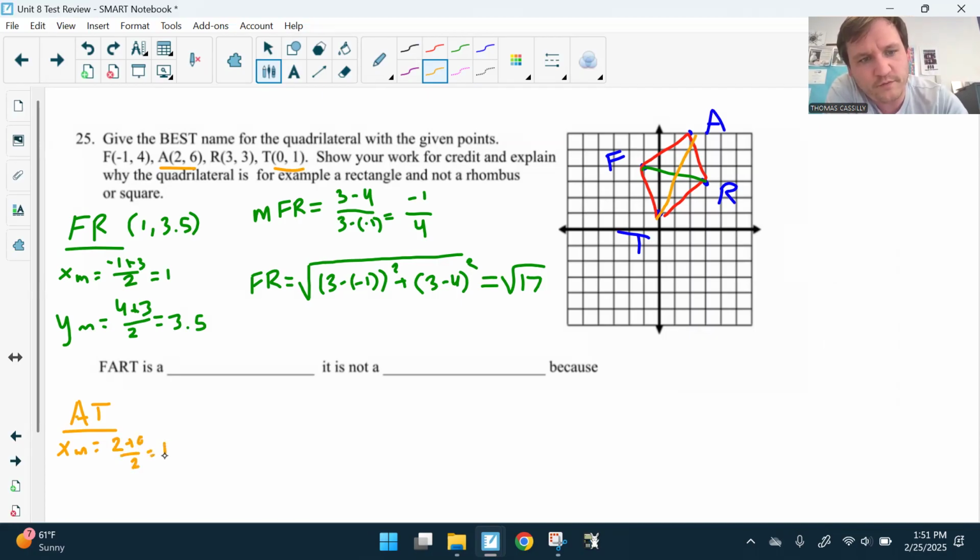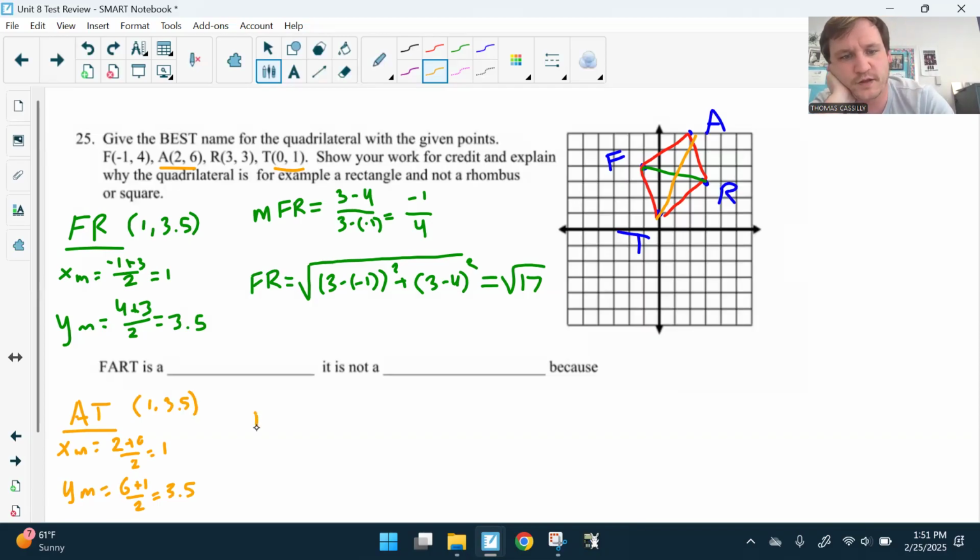which equals 1. The y midpoint is going to be 6 plus 1, divided by 2, which gives us 3.5. So our midpoint here is 1 and 3.5. Now let's find the slope.